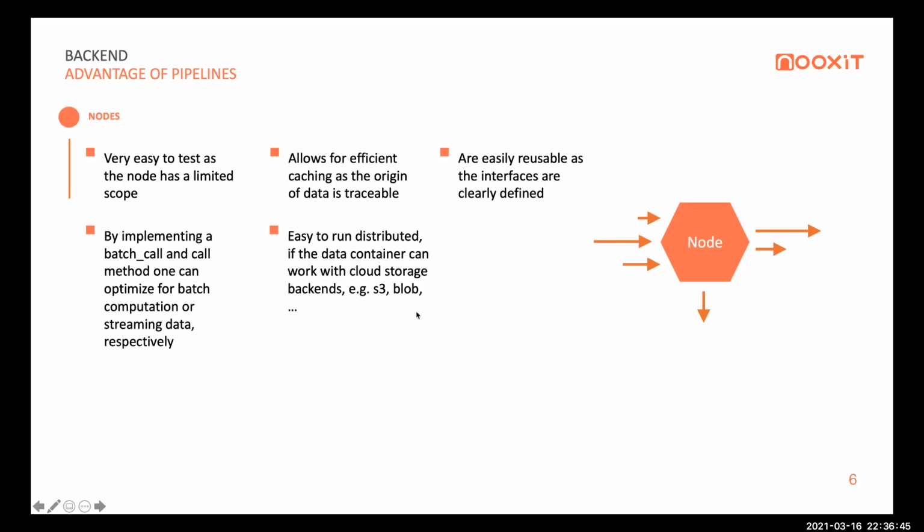And the cool thing is as well, it's easy to run that thing distributed. You can just package a node into a Docker container, and you can just drop the data containers to S3. So you can just run all nodes at the same time and just say, Kubernetes, give me extra compute nodes to deal with all my transformers.